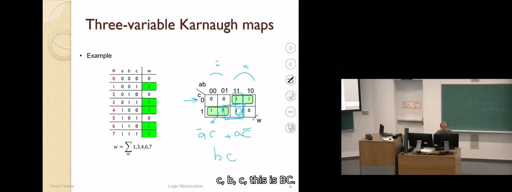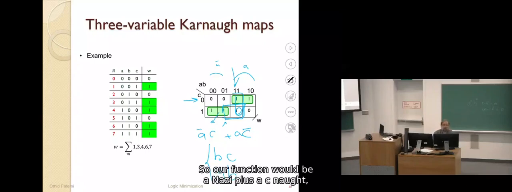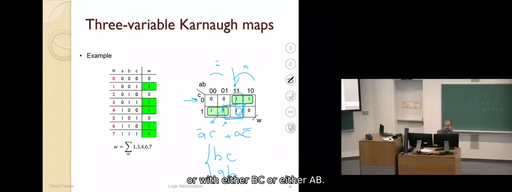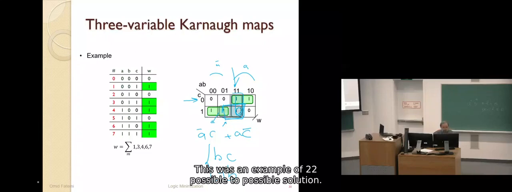You might select the other one, this one. If you select the other one, that would be A, B. So either BC or AB. One of them would be enough, not both of them. So our function would be A naught C plus A C naught, or with either BC or either AB. So this was an example of two possible solutions.